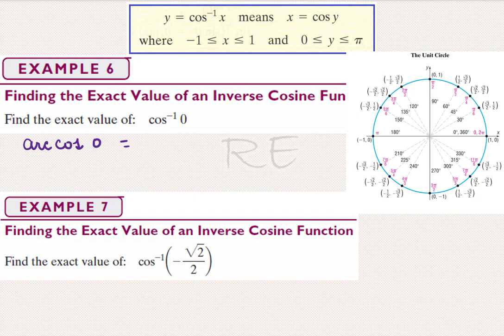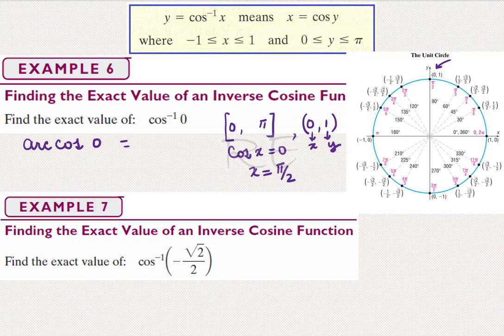Looking at the unit circle, from 0 to pi, the arc whose cosine is 0 matches the point (0, 1), because x is equal to 0 and x represents cosine, will be the arc x equal to pi over 2.